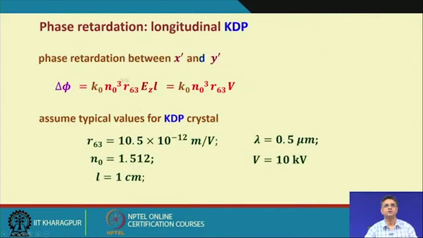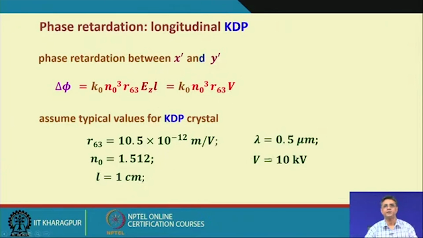So, this phase retardation between x prime and y prime will be equal to this. Assume these typical values of the KDP crystal, which we have used earlier also, that is r 6 3 equal to this, n 0 equal to this, and the length of the crystal, which anyway does not come in as far as the voltage is concerned.